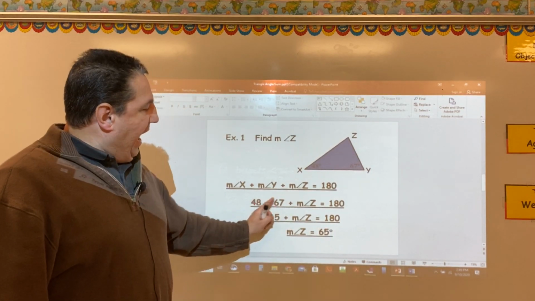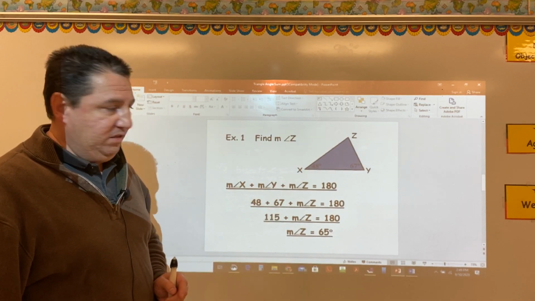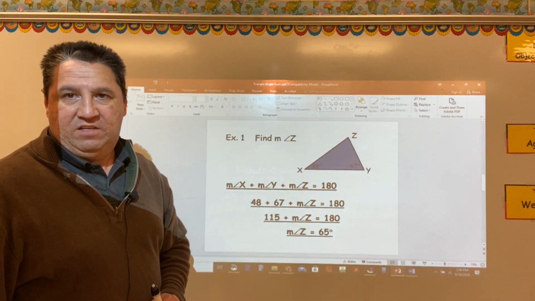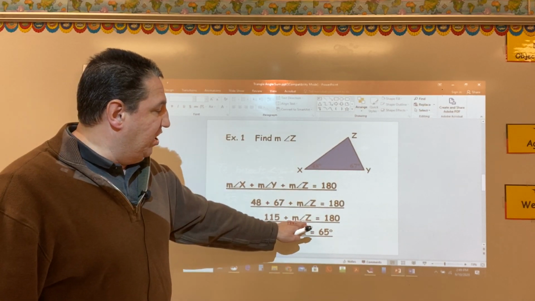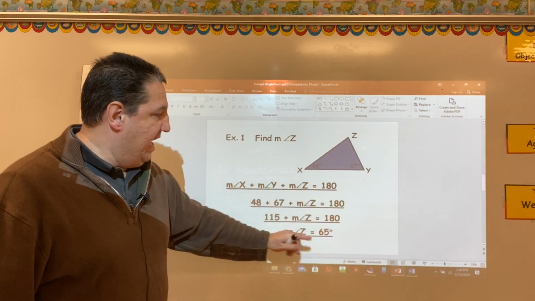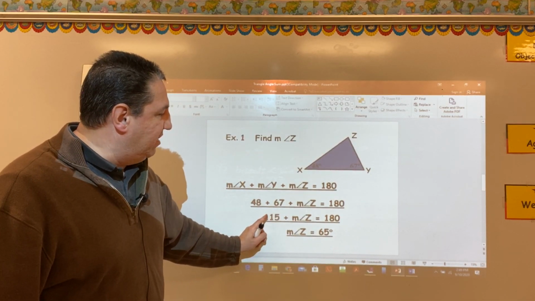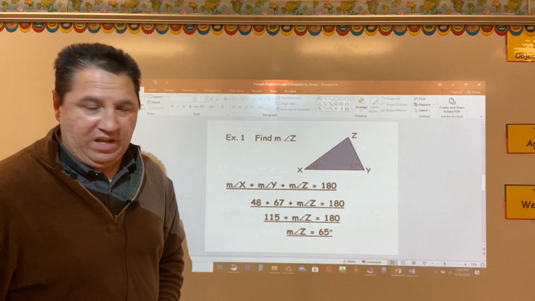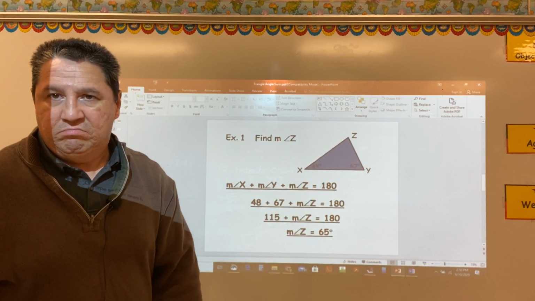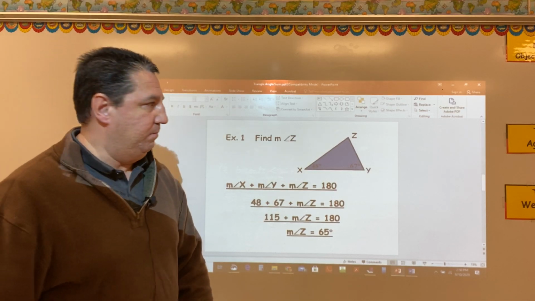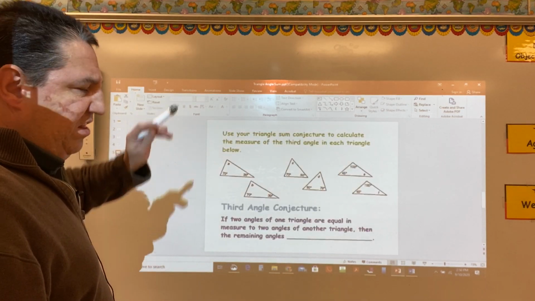First, we add the given angles. So 48 plus 67 equals 115, plus measure of angle Z equals 180. Then to find the measure of angle Z, we simply subtract 115 from 180 and we get 65. Yeah, it's simple.